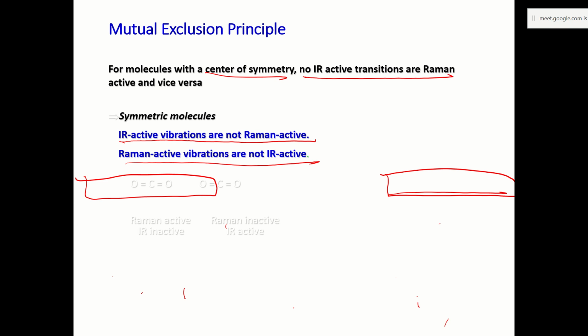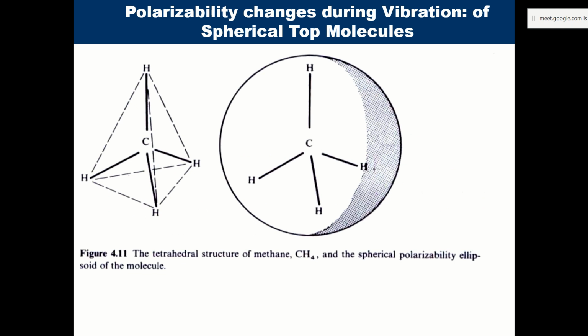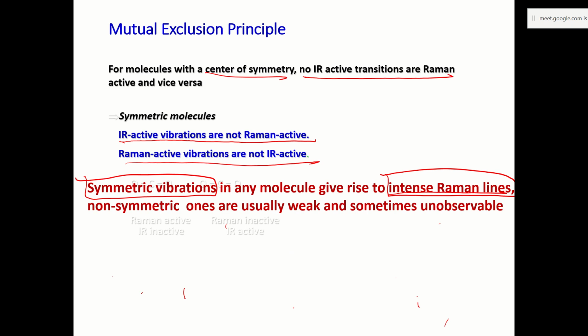On verifying the structure of the molecule. So if you observe the IR spectra and Raman spectra of a molecule, and you find that the modes that are IR active are not seen in the Raman spectra, and what you see in the Raman spectrum you do not see in IR, that means you have a center of symmetry in the molecule.